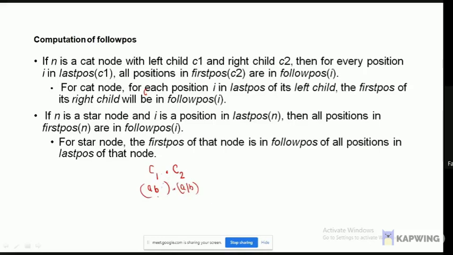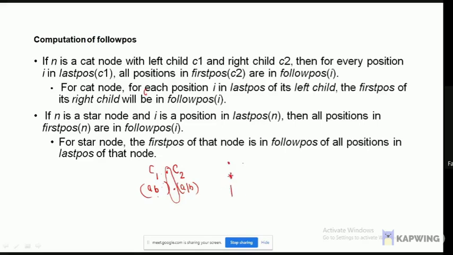That means this follow position will be calculated only for the complex expressions which have some operator. Either you may have the dot operator, or you may have star or OR operator. Three things.